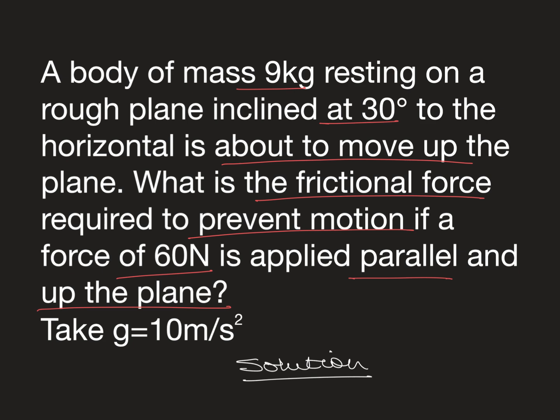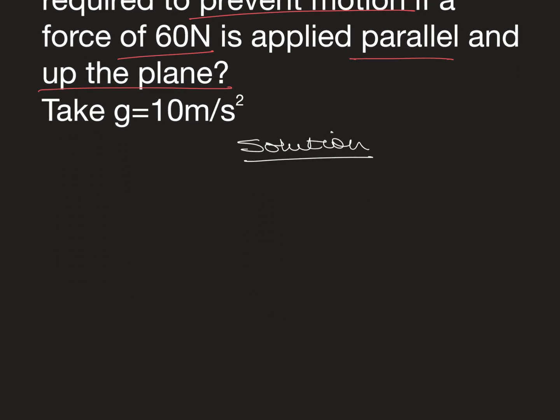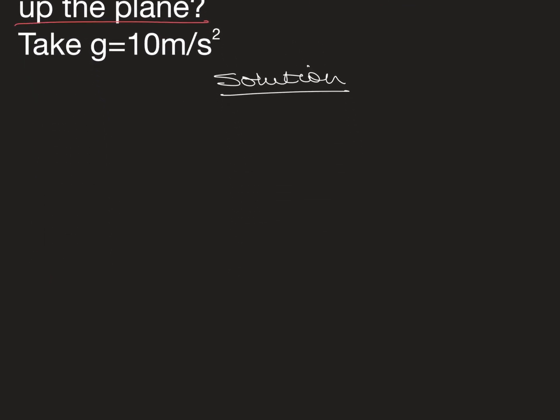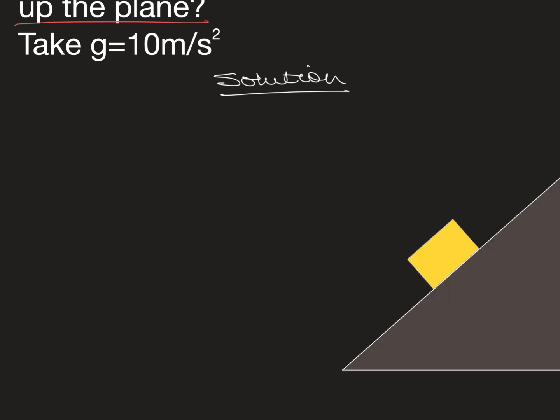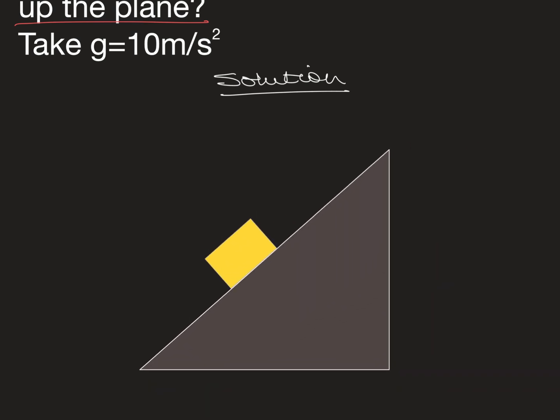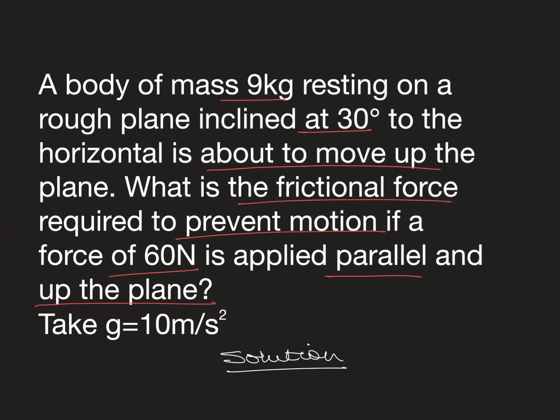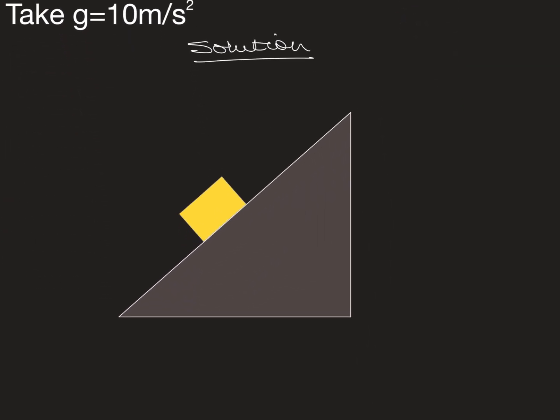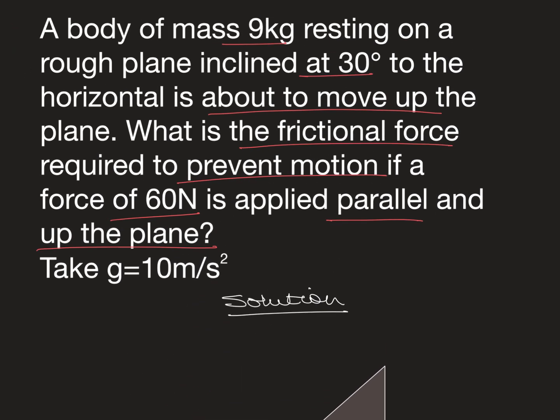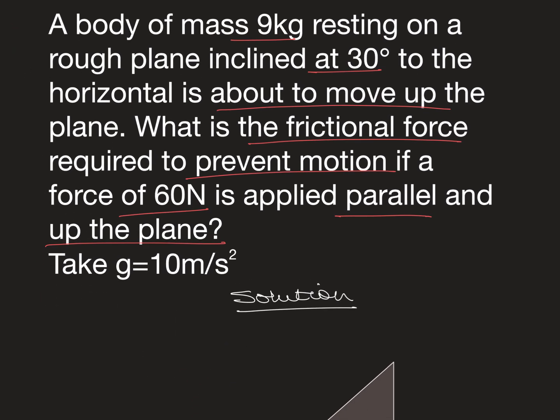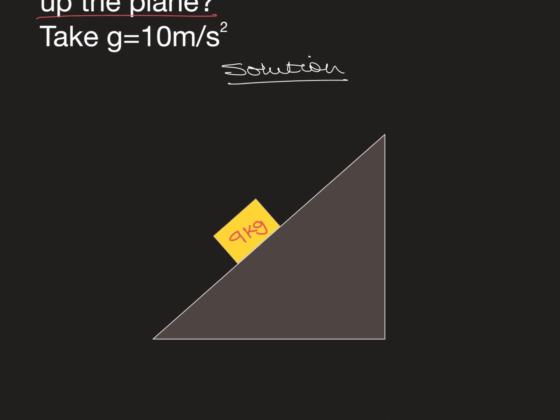The first thing we'll try to do is to draw a diagram for this. So this is the diagram. We have a body of mass 9 kilograms that is resting on a rough plane inclined at 30 degrees to the horizontal.